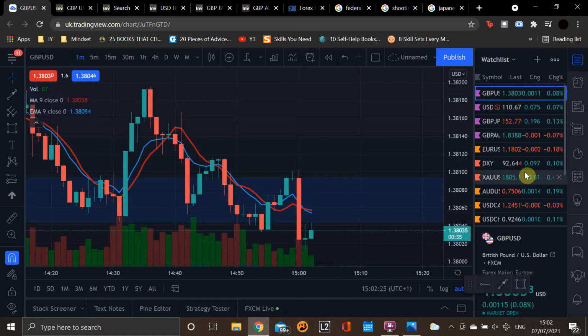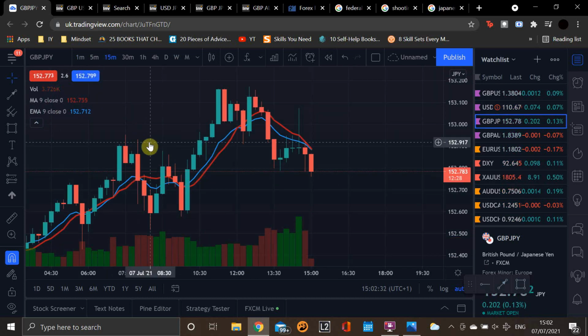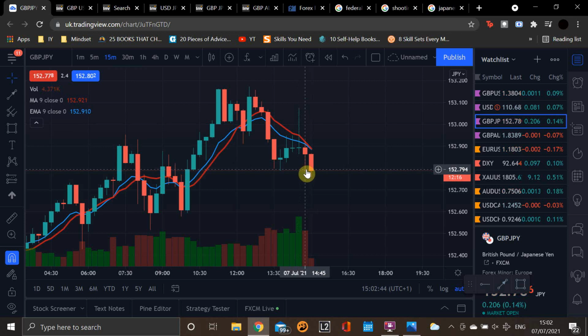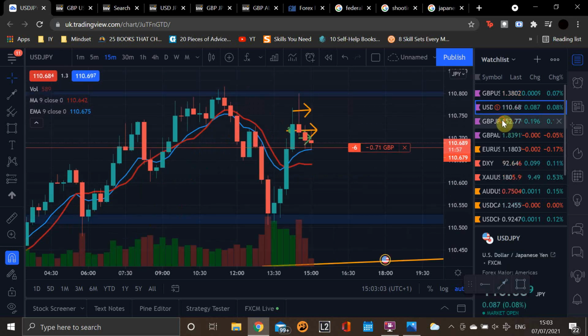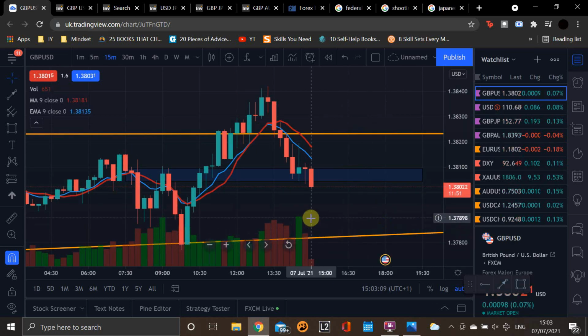GBP USD, GBP JPY. Same thing with GBP. The Great British Pound is very, very weak.